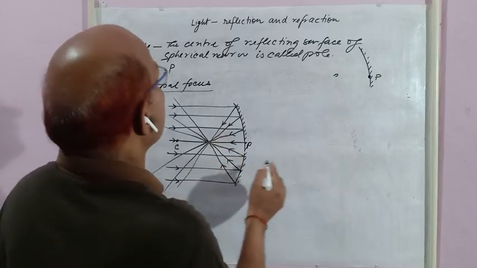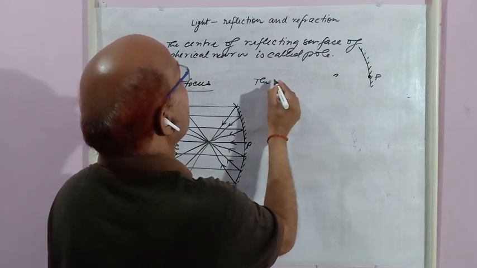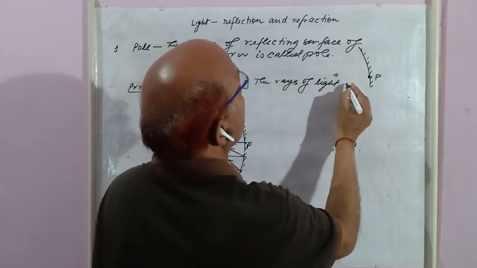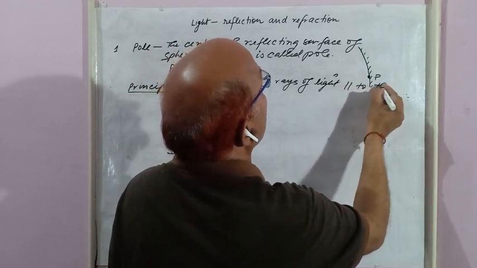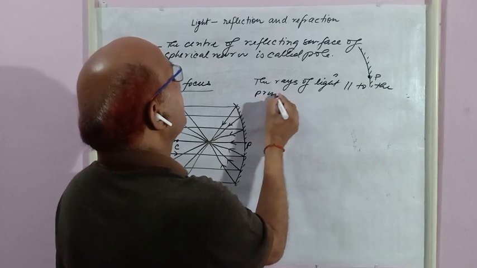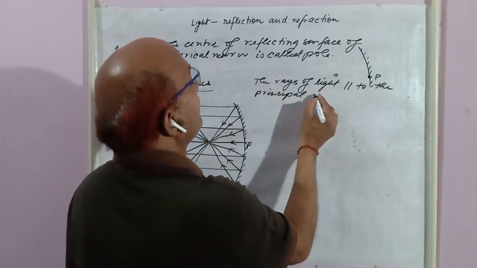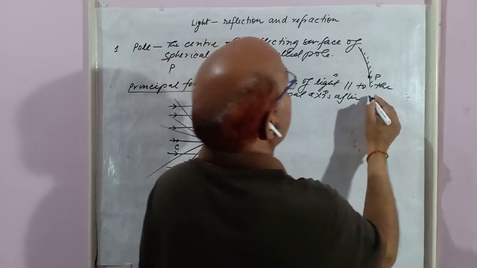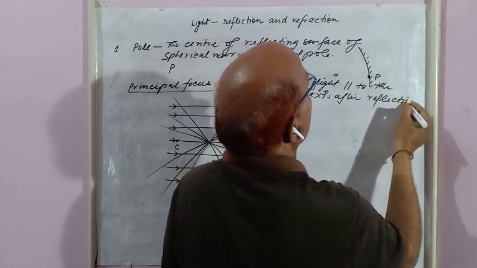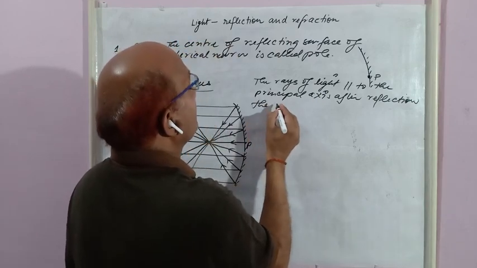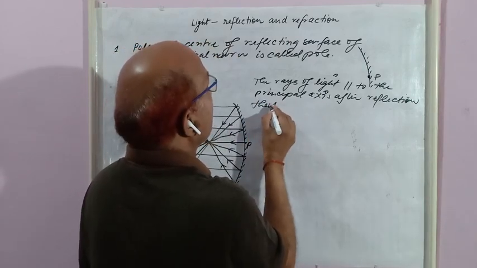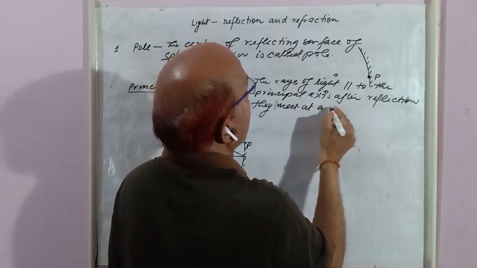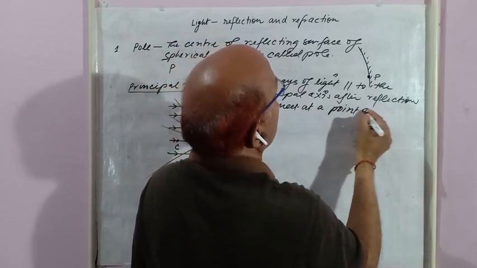So, you can define it in this way: the rays of light parallel to the principal axis, after reflection, they meet at a point on the principal axis.